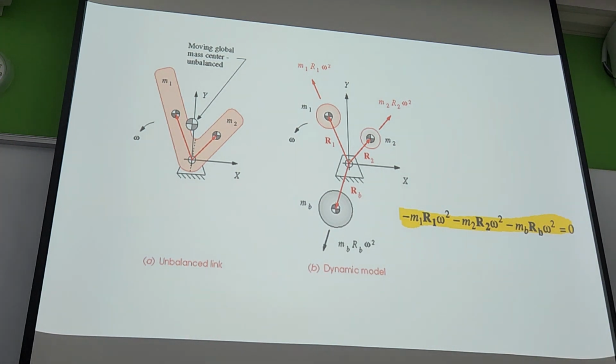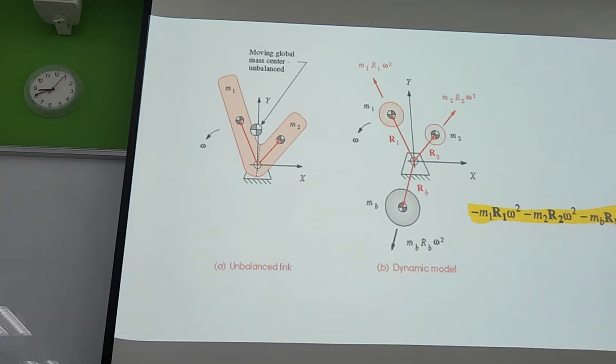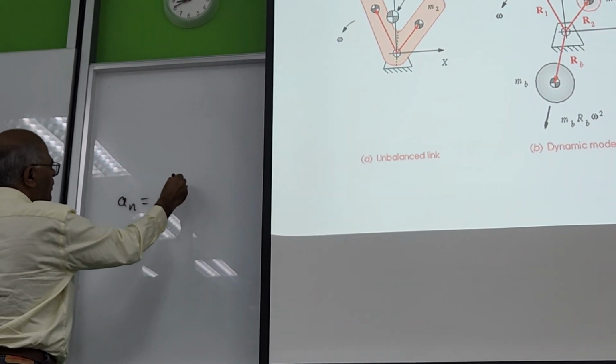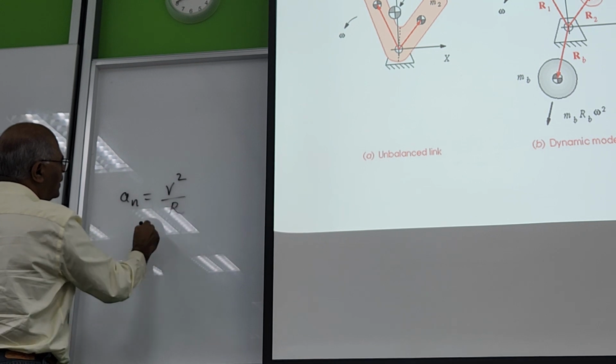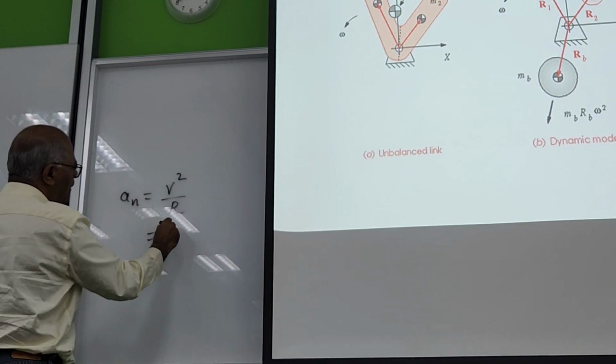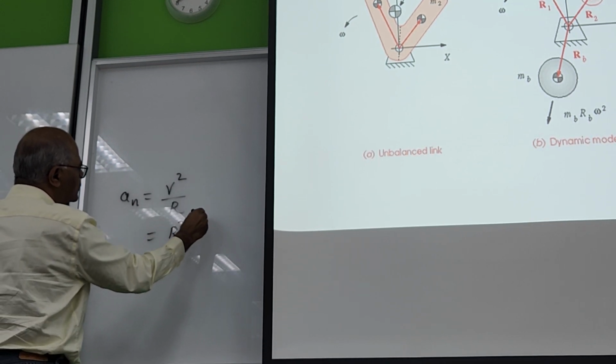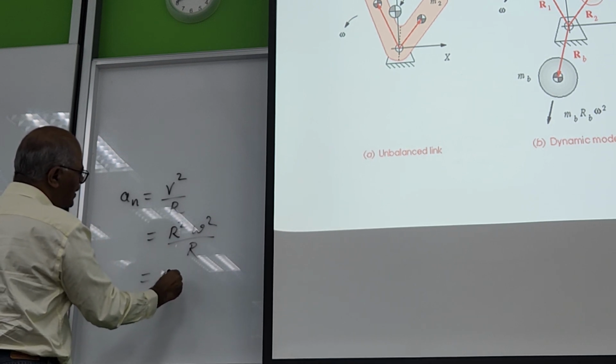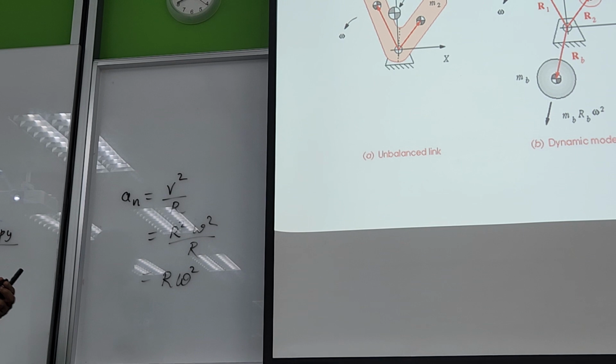You can also write r into omega square. So you know about this, right? Normal acceleration is v square over r. You can write v is r omega, so r squared omega squared over r. Therefore, you can also write this as r into omega squared.